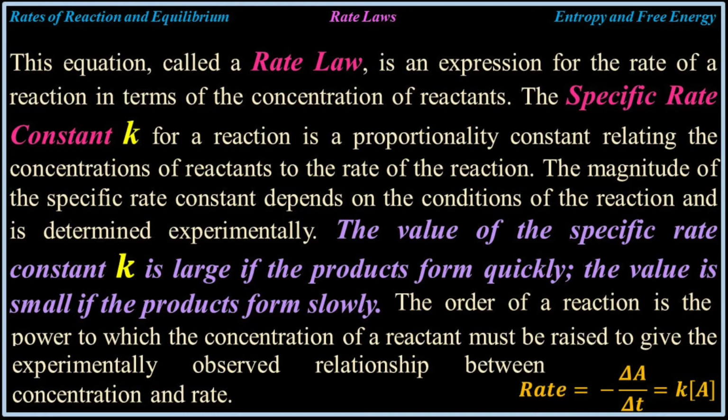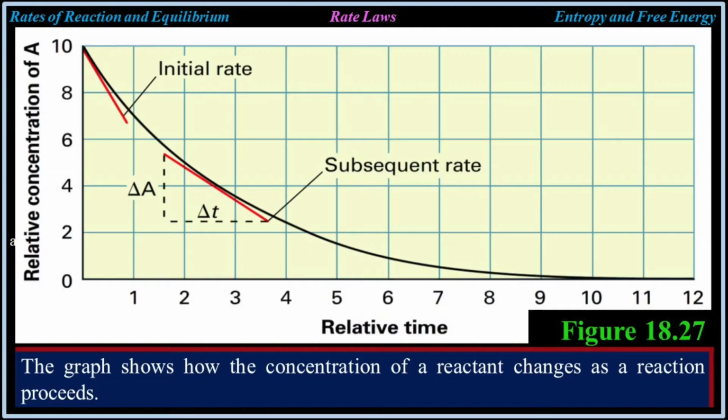The order of a reaction is the power to which the concentration of a reactant must be raised to give the experimentally observed relationship between concentration and rate. So the rate, minus delta A over delta T, equals K times the molar concentration of A.